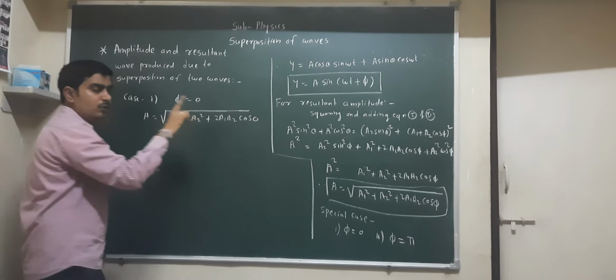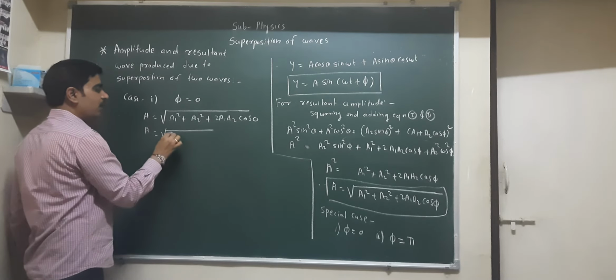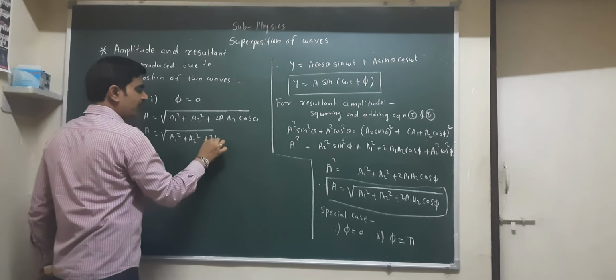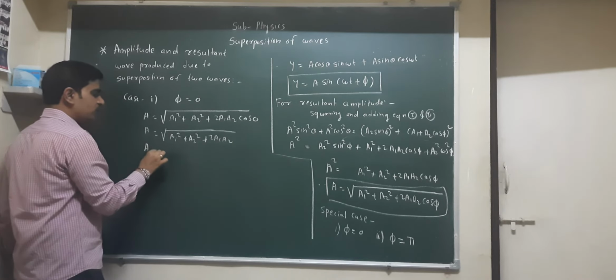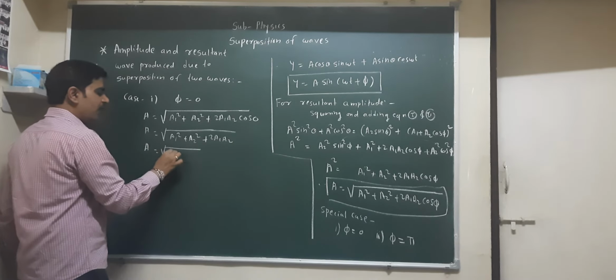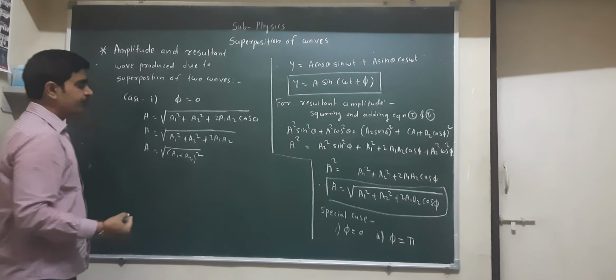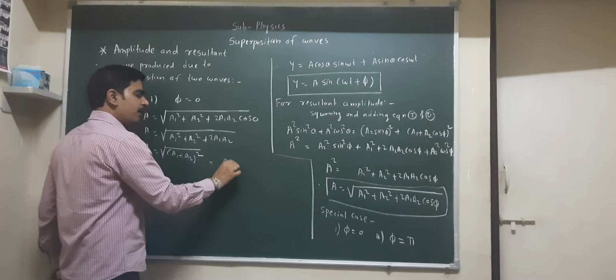Cos of 0 is equal to 1. So we can write A is equal to under root a1 squared plus a2 squared plus twice a1 a2. So this is nothing but A is equal to under root (a1 plus a2) squared. So after solving this, we get a1 plus a2.